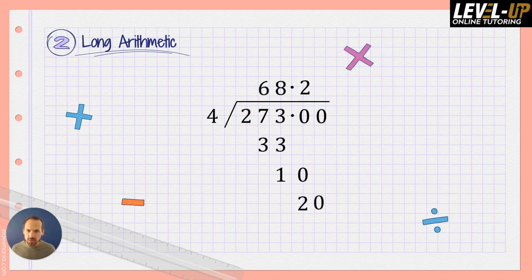Bring down another 0. 20 divided by 4 is 5 with a remainder of 0. So we can keep going as long as we need to in order to finish the division, where you get a remainder of 0, or what you'll find is it will start to repeat. And one of those two things will always happen when you're dividing two numbers.